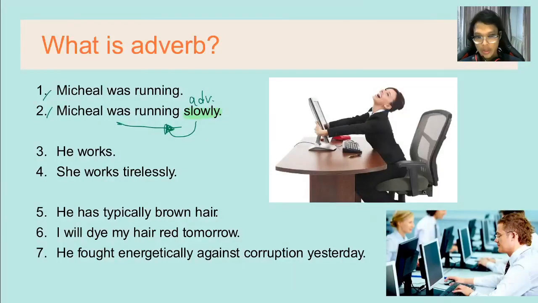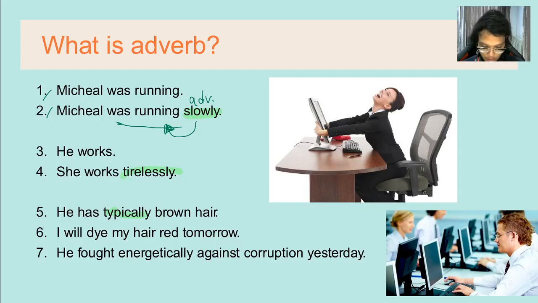Michael was running slowly. You can see that most of the time when we want to use an adverb, the words tend to follow the same rule, right? We use ly or li at the end of the word. So the word changes from adjective to adverb.